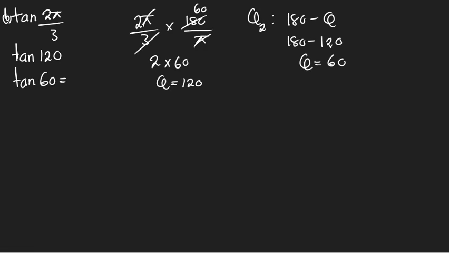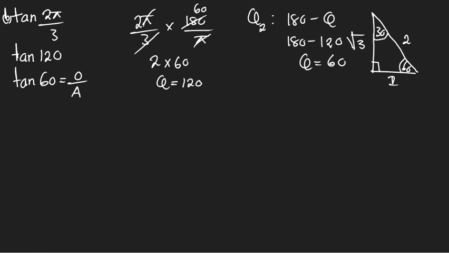Now tan is equal to opposite over adjacent, right? Opposite over adjacent. So now we ask ourselves, from the same triangle, because we are using 60 degrees as our angle, meaning we are using the same 30, 60, 90 triangle. So this is 90 degrees, this is 30 degrees, this is going to be 60 degrees. This is root of 3, this is going to be a 2 and a 1.